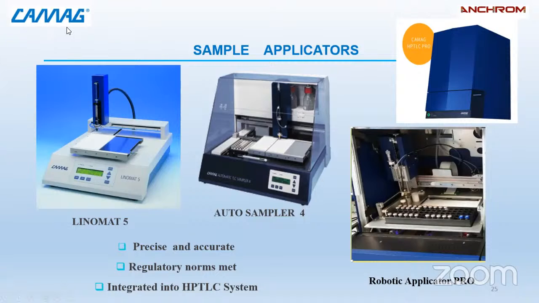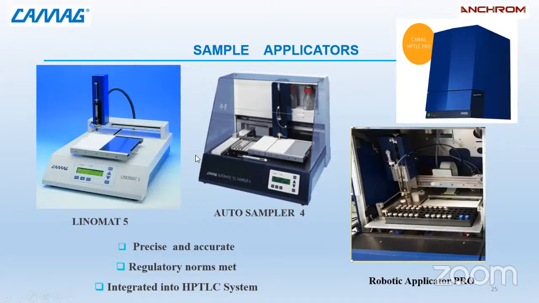The only difference is in automation. Otherwise, the quality of bands which you get by both of these instruments will remain the same. As this is a semi-automatic applicator, syringe rinsing, filling, mounting, all these steps are manual, so that the analyst will remain engaged with the instrument while performing application.